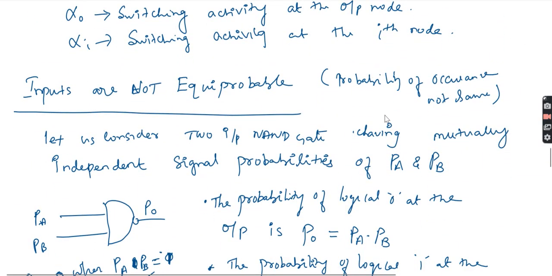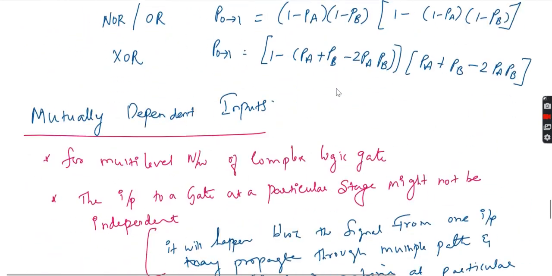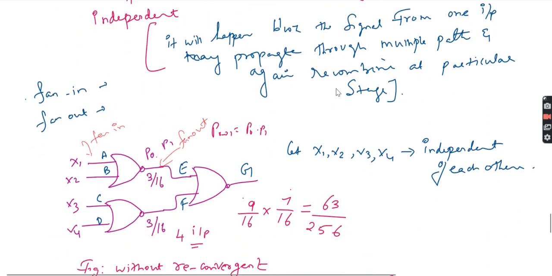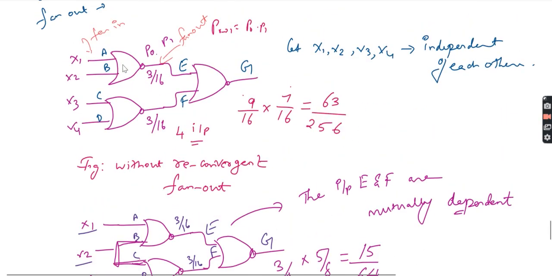Then we saw the formula if the inputs are not equiprobable, meaning the probability of occurrence is not the same. Next, if the inputs are mutually dependent, what happens? We saw that with and without reconvergent fanout.